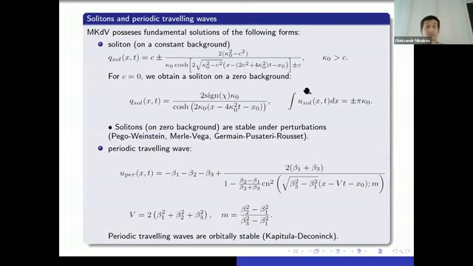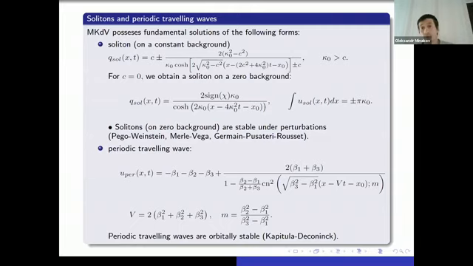There are also some interesting singular limits of these solitons. For instance, if we take a positive constant and negative solitons, which are oriented downwards, then there is a singular limit which gives us some slowly decaying solution of the MKdV. In any case, in this talk, we will be interested only in solitons on zero background.